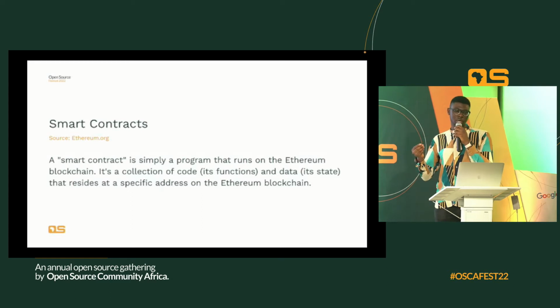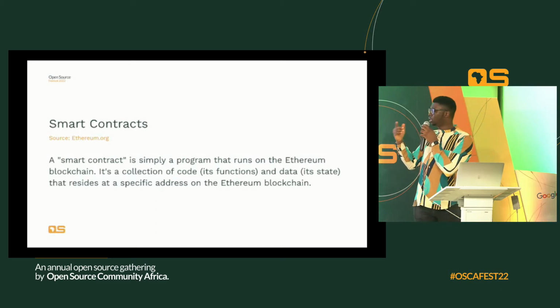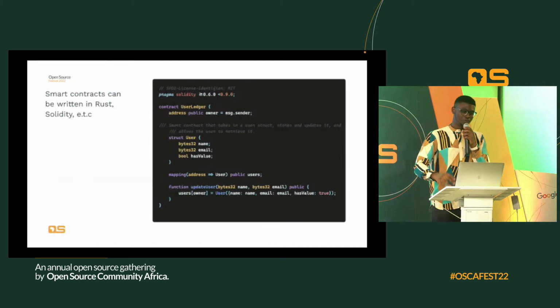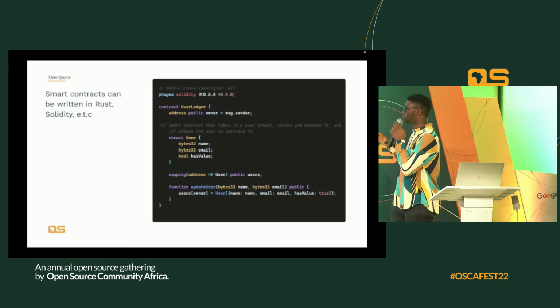So smart contracts have functions and events, and they also have states. Smart contracts can also be written in Rust and Solidity. This is just a basic example of how a smart contract looks.